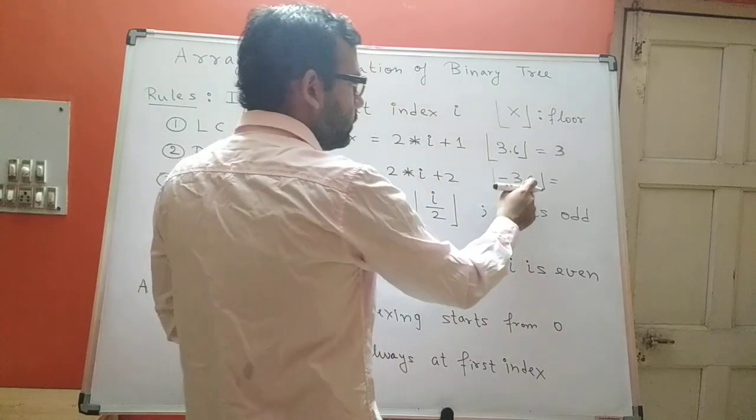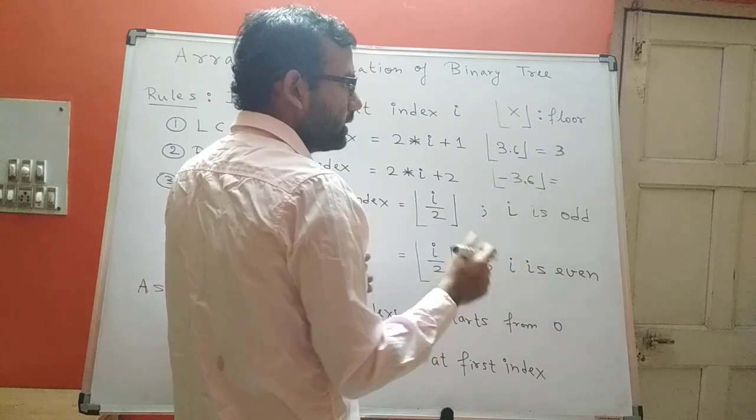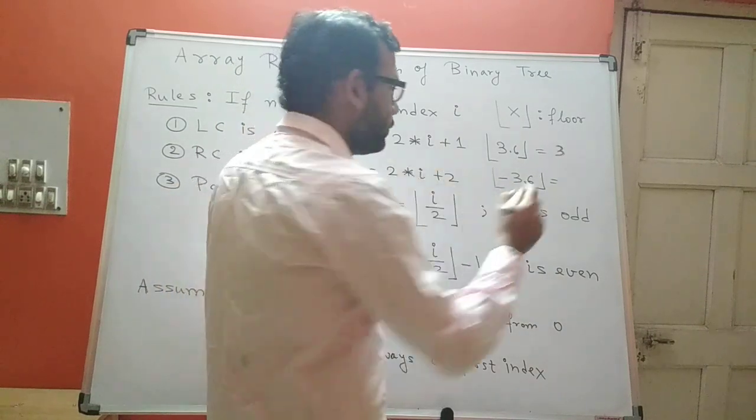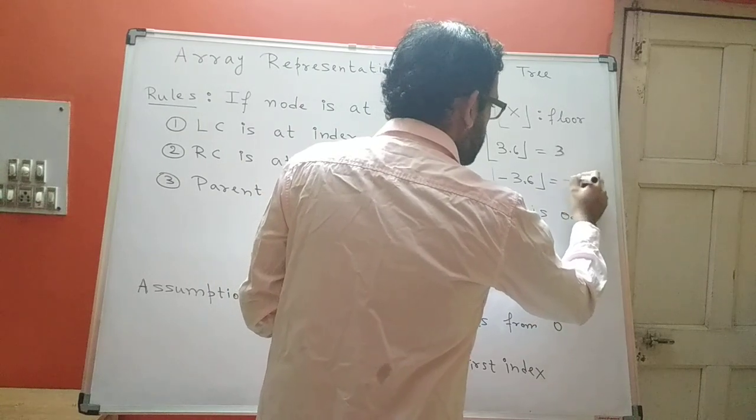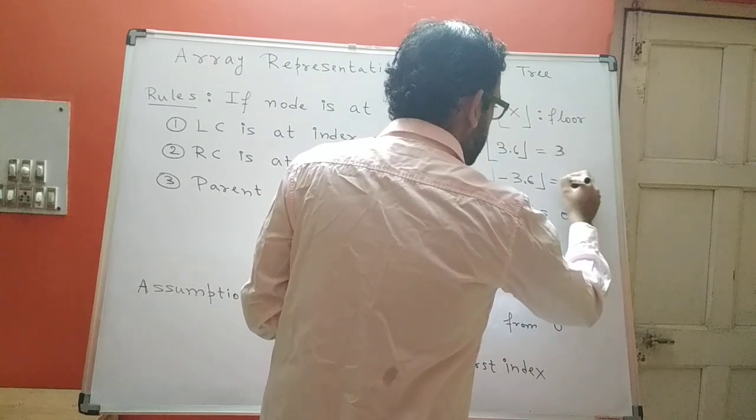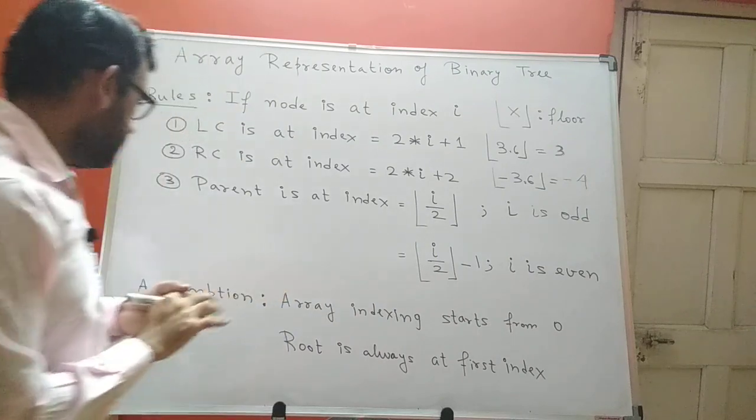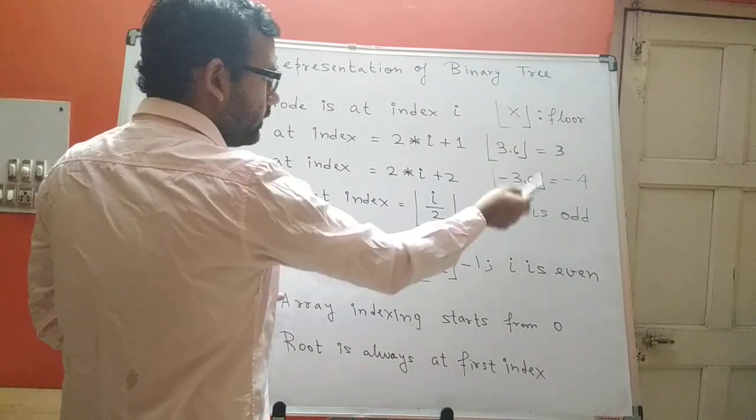So which is the integer which is less than minus 3.6 and which is closest to it? It's minus 4. So here the answer would be minus 4. And so I hope you have understood what the floor function does.